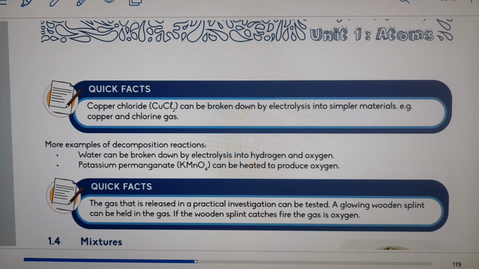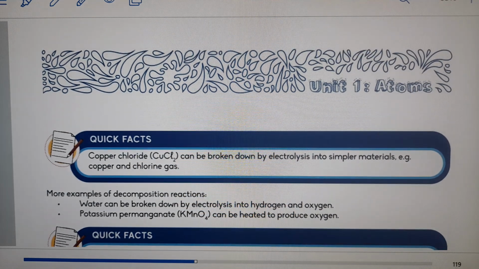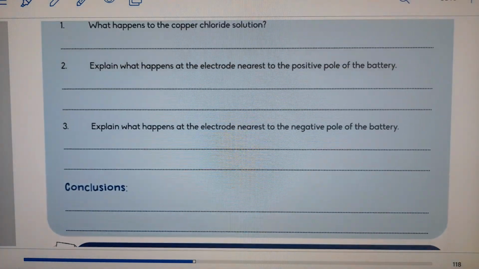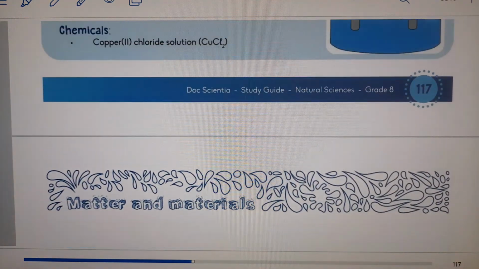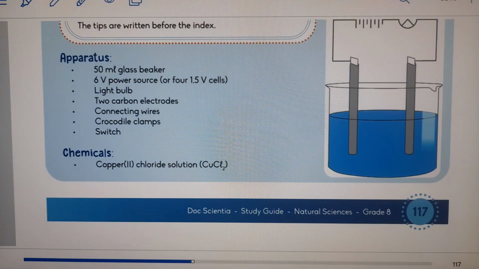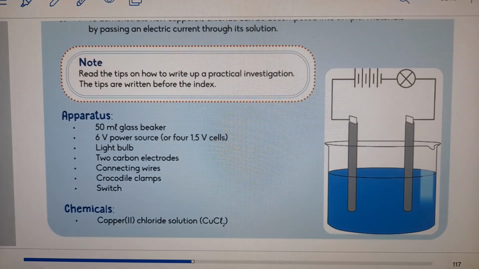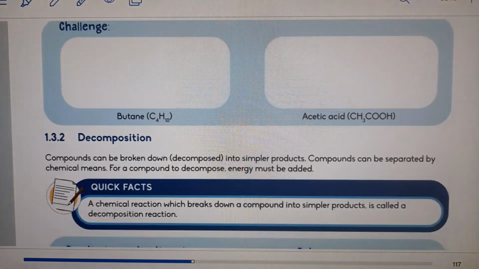In this lesson we will end here with compounds and the different methods that we use to break them down. We talked of heating and electrolysis, and we explained what a decomposition is.